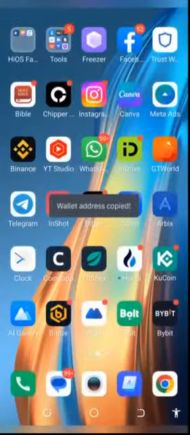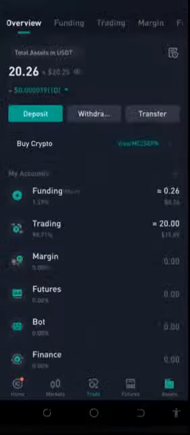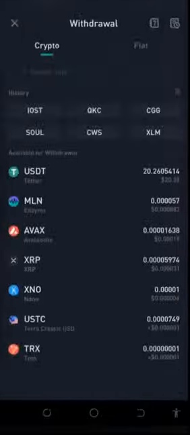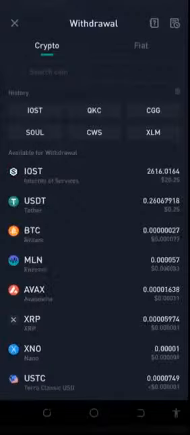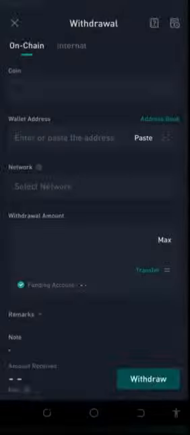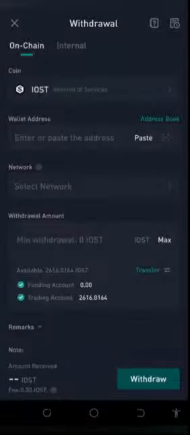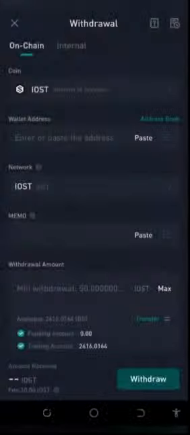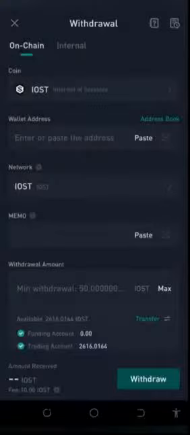And then we quickly go over to our KuCoin where we are going to withdraw. Okay. So we're withdrawing that quickly. And the network is IOST. Yes, IOST. Correct. Where's the address?